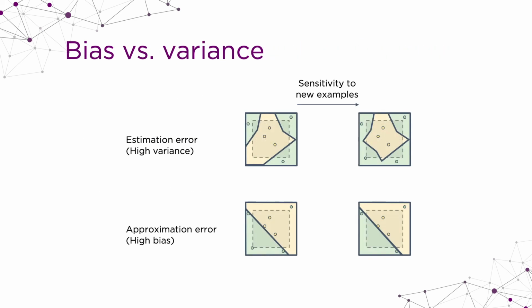So just to compare again the 2 hypothesis classes, we will say that the nearest neighbor has an estimation error, because probably the nearest neighbor class will contain the true data distribution, this D that we are trying to estimate. But if we don't have enough data, then the decision boundaries can vary a lot. There is a lot of variance according to the data that I'm using in my training set.